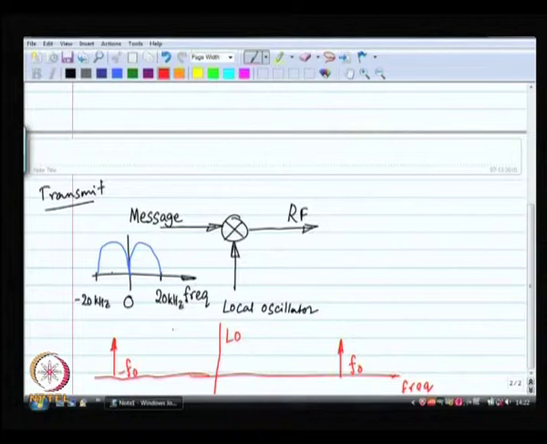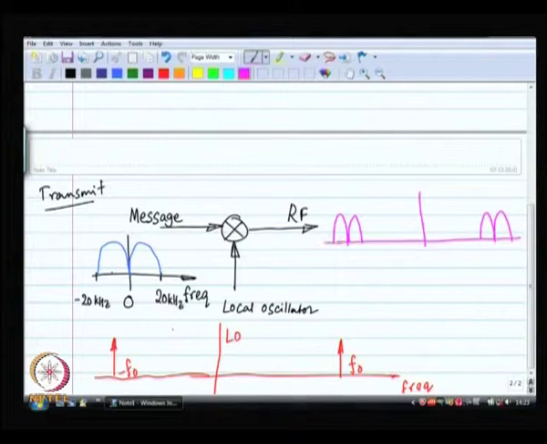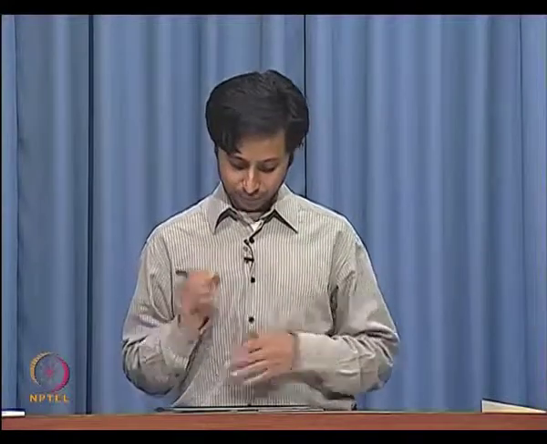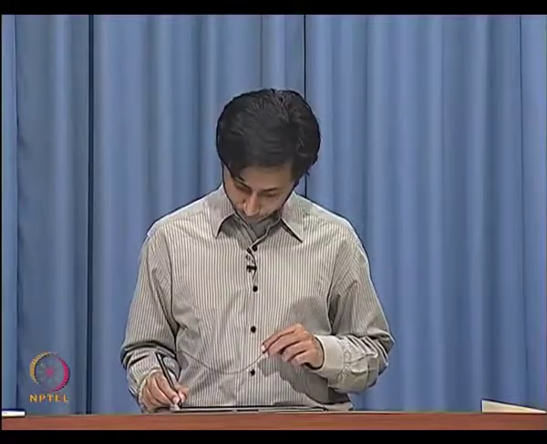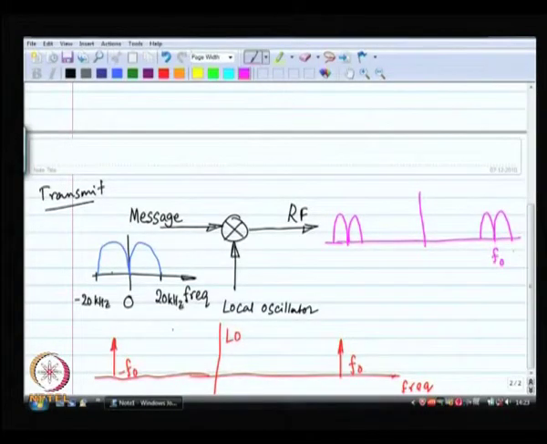Okay. And when you do a mixing operation of this particular local oscillator with this particular message, what you are going to get is that you are going to convolve the spectrum of the local oscillator with the spectrum of the message, and when you do the convolution operation, this is what you are going to get.